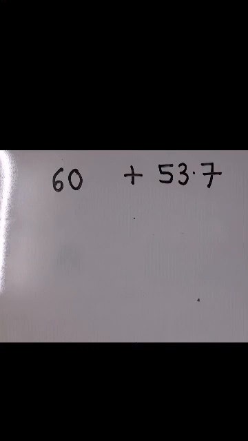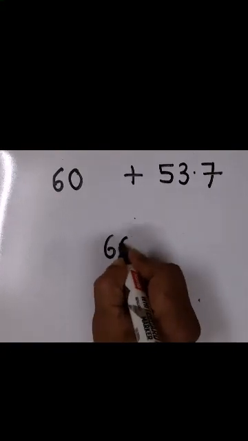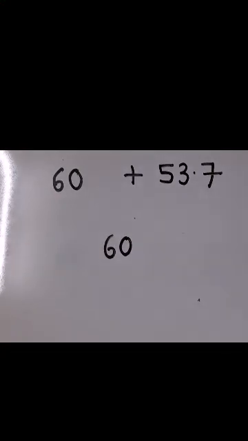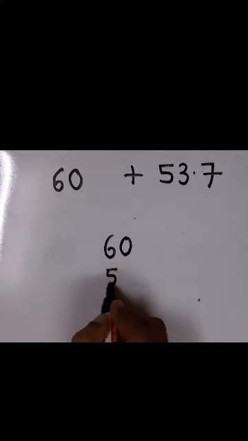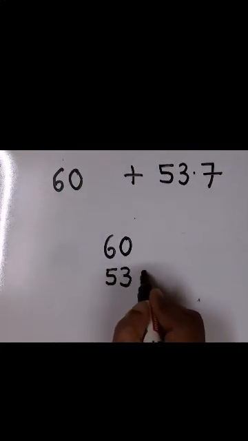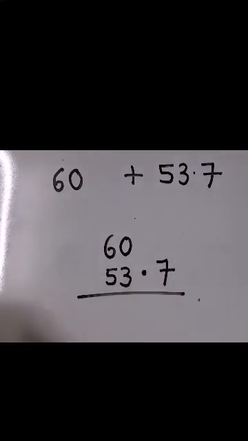60 over here, children, is your whole number, correct? Right? So, 60. Now, what's my next number? 53 point, that is my decimal point, and 7, right? And the operation is addition. Now, children, remember what I had told you, like numbers.